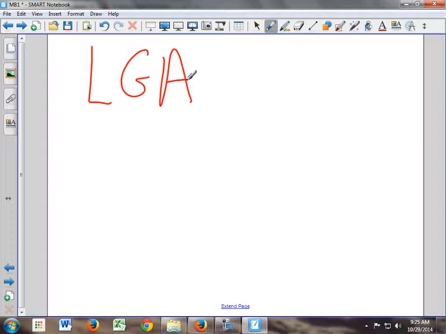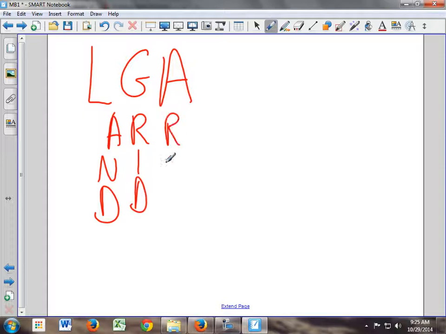LGA stands for land grid array. Okay? It's flat. This is an LGA CPU. It's flat. Whenever I look at a motherboard, I can immediately tell whether it's an LGA motherboard or not.